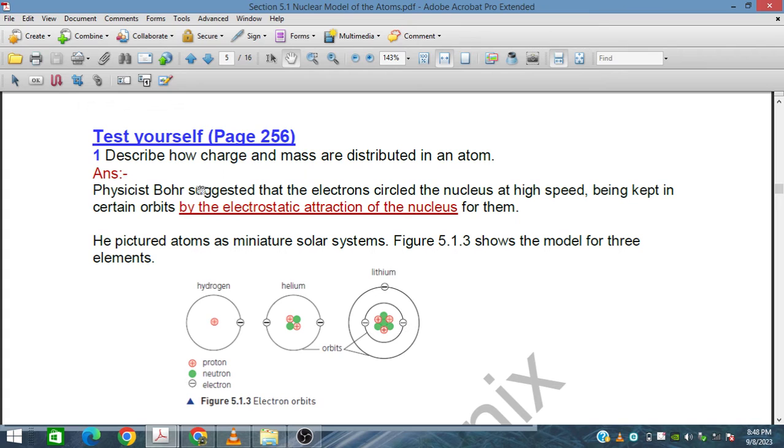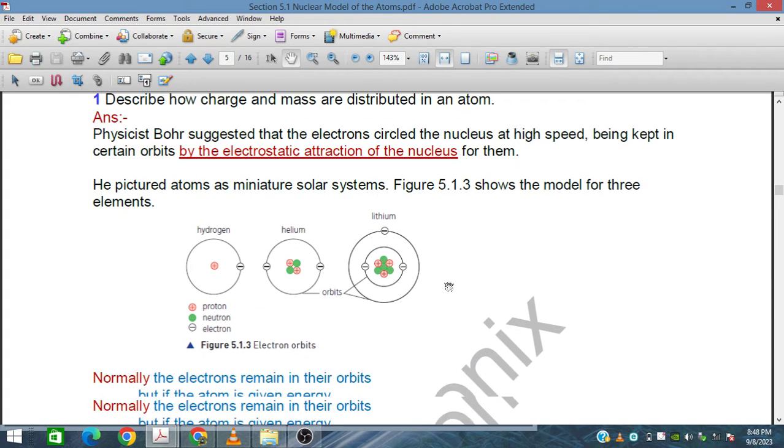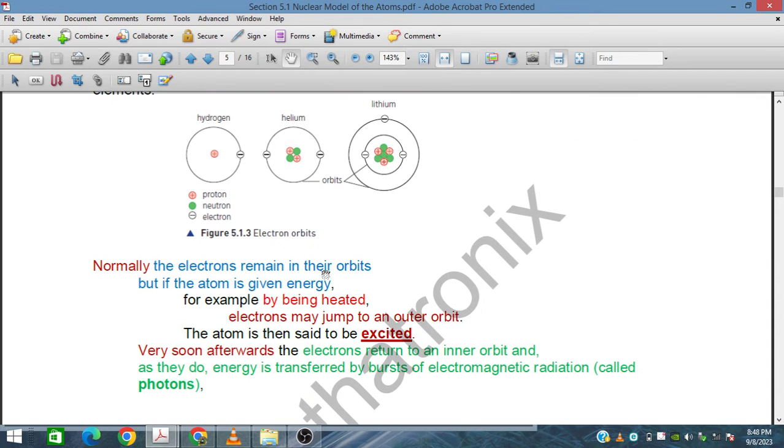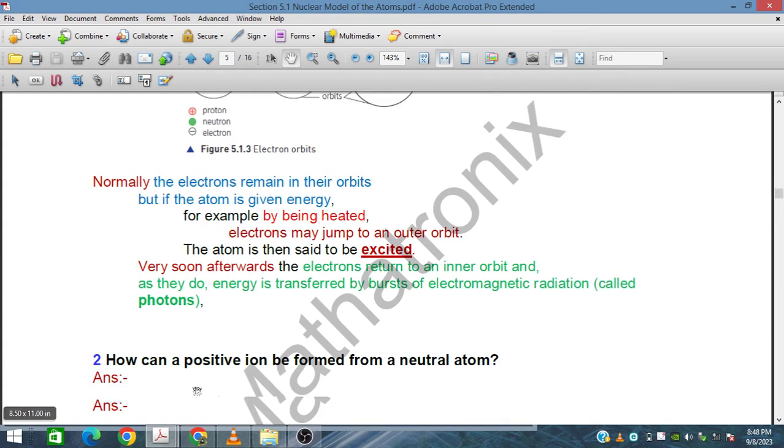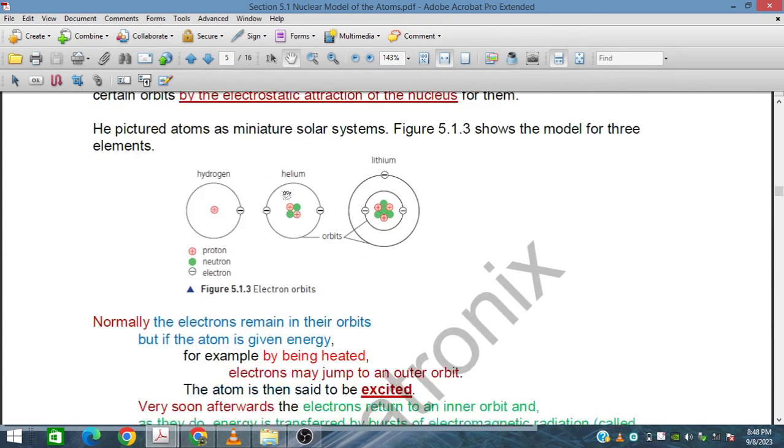Some of the pictures show Bohr's structure of the atom. Normally the electron remains in its orbit, and if it gains energy, it is heated up and moves to an outer orbit, and the atom is said to be in an excited state. Soon after, the electron loses its energy and returns to the inner orbit, radiating energy as electromagnetic radiation called photons, as we discussed earlier.